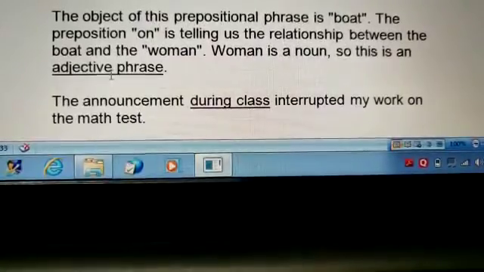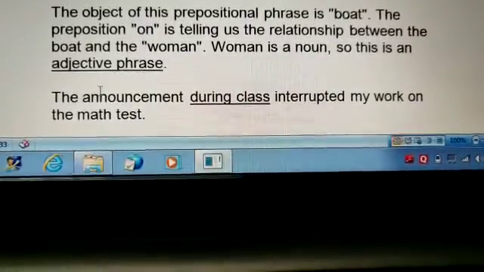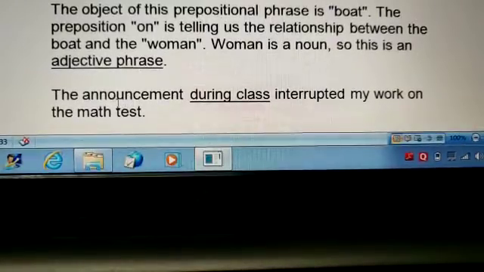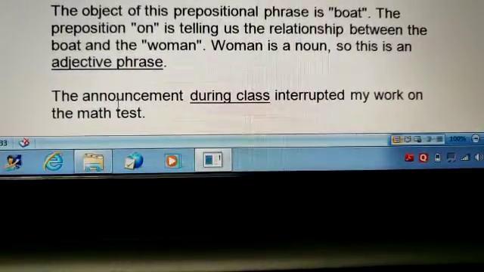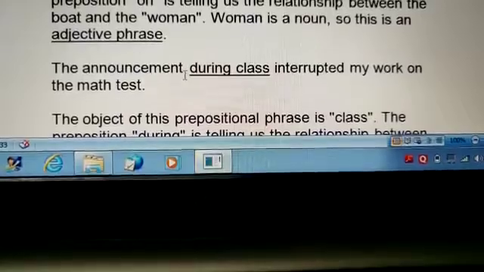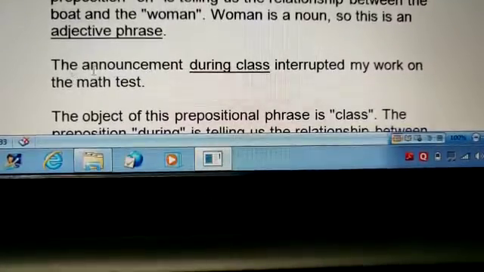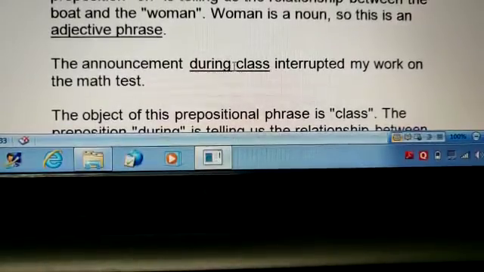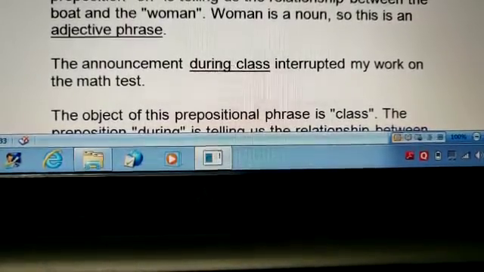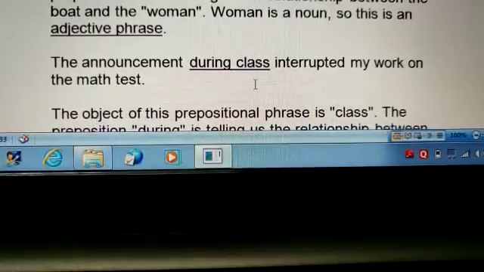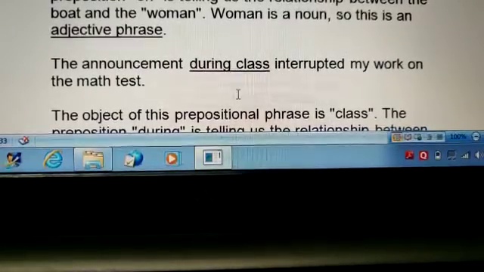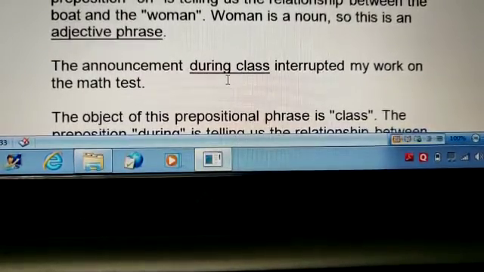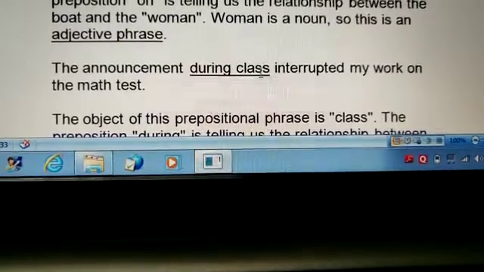Now, another example. The announcement during class interrupted my work on the math test. Now children, over here, I have already underlined these particular adjective or prepositional phrases over here. But if you will see, can you see any other prepositions over here which are showing kind of a relationship between the subject and the object?